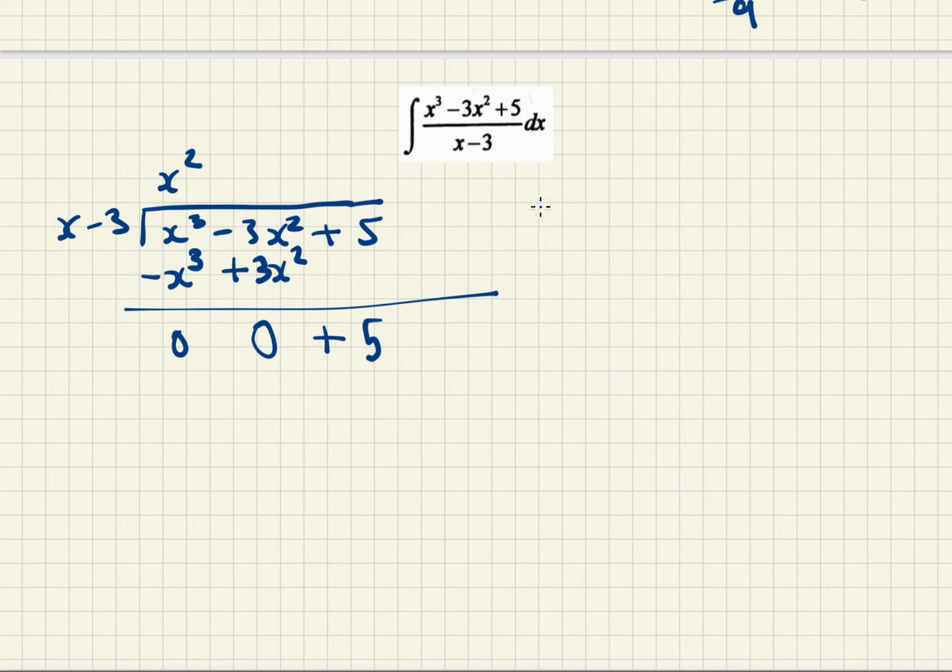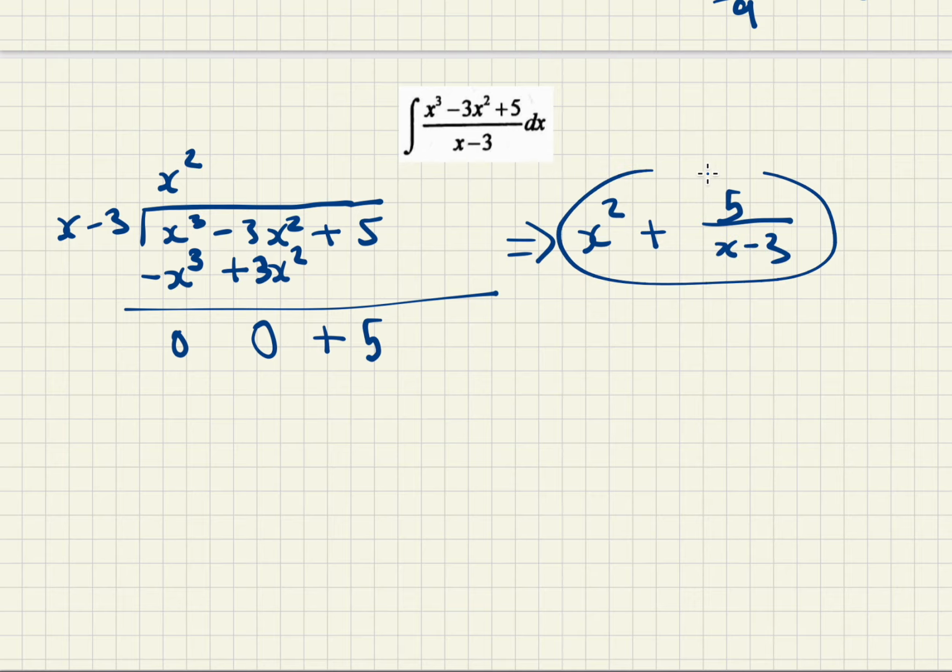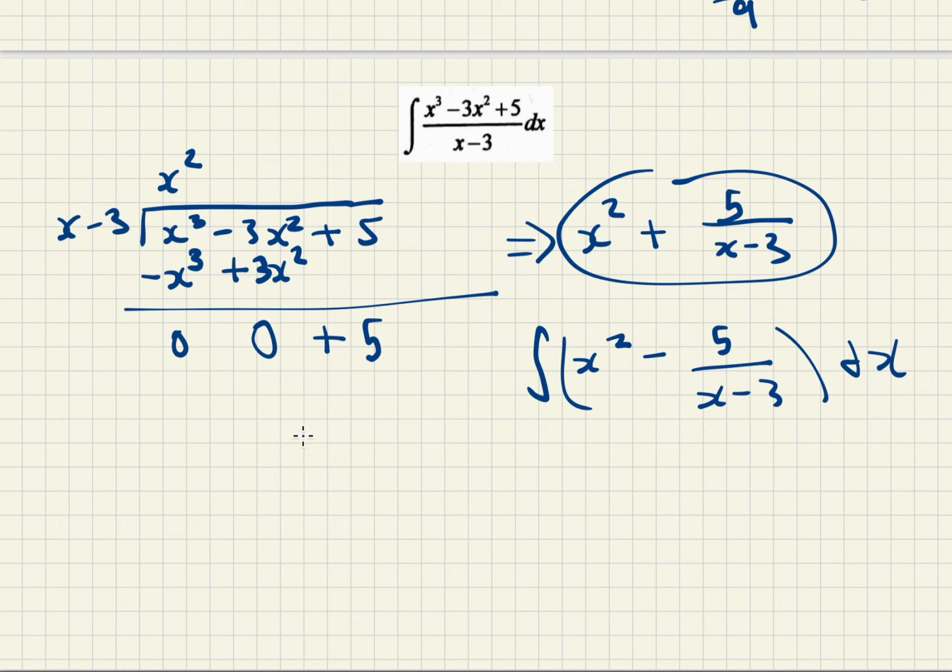So now what we can do is write this x squared plus our remainder, which is divided by our denominator, and this is equivalent to this. And so you can take the indefinite integral of x squared plus 5 over x minus 3, and we can use the power rule.